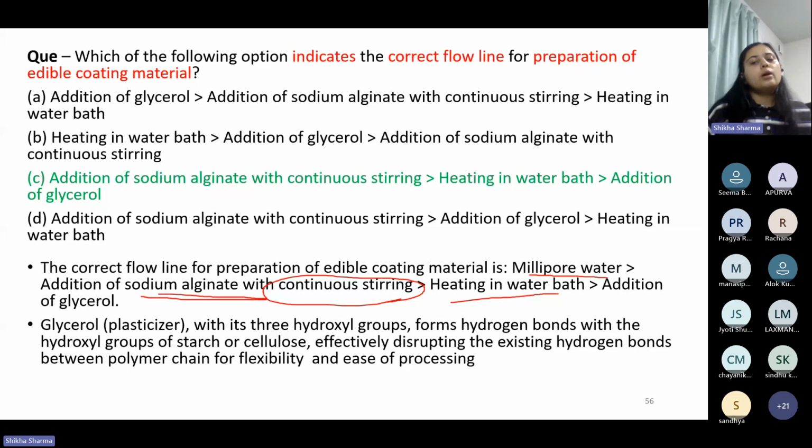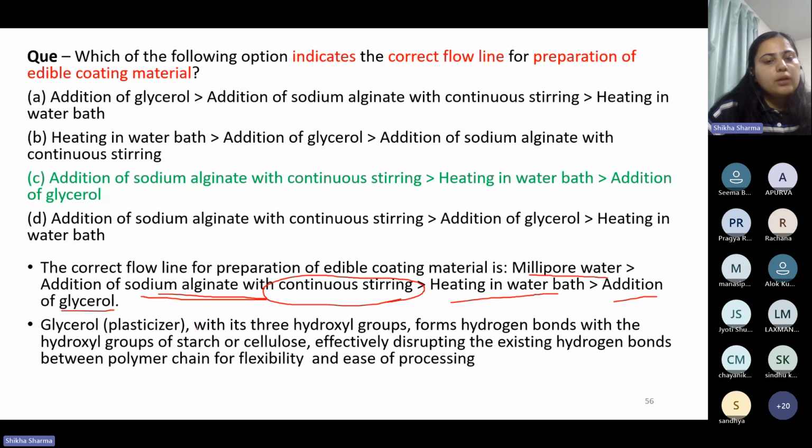So there will be more rapid formation of a uniform and effective solution. Then finally there will be addition of glycerol. So glycerol is basically a plasticizer here.